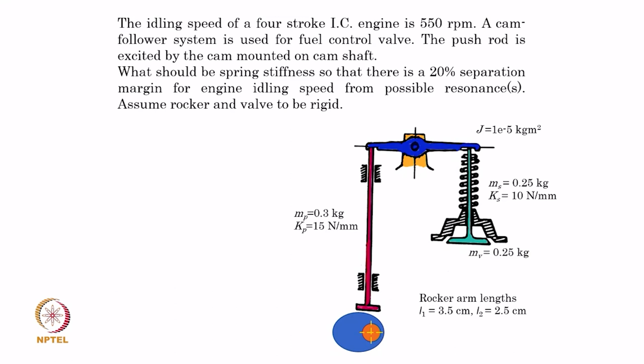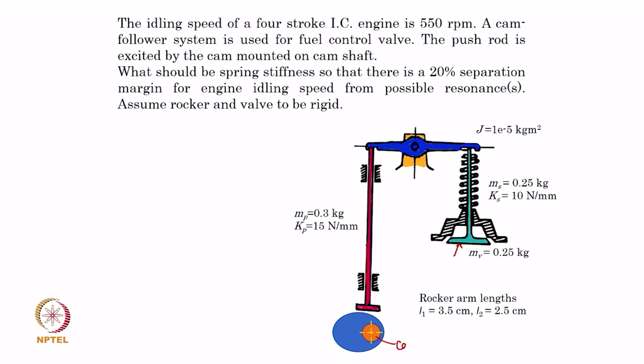The example says that the idling speed of a 4-stroke IC engine is 550 rpm. A cam follower system is used for the fuel control valve, which is this, and the push rod is excited by the cam mounted on the camshaft.